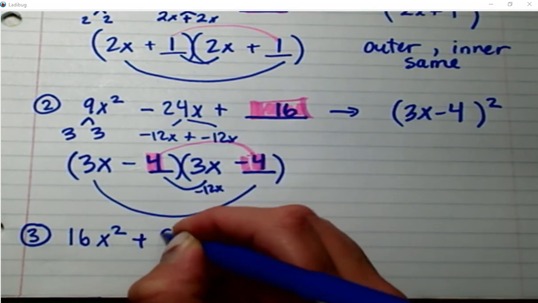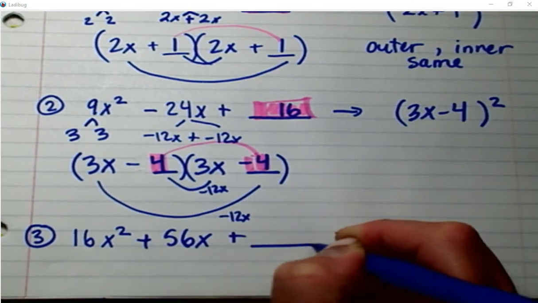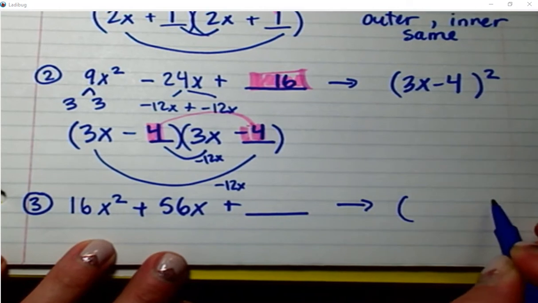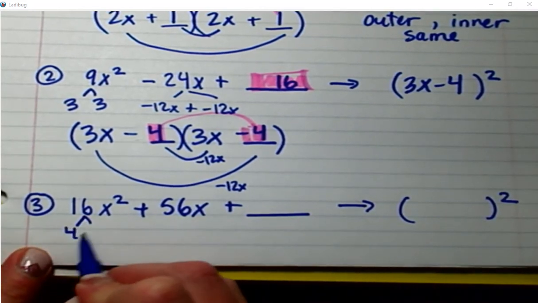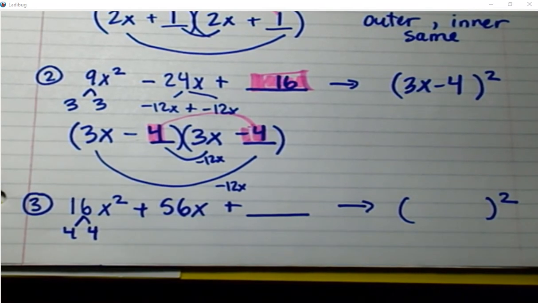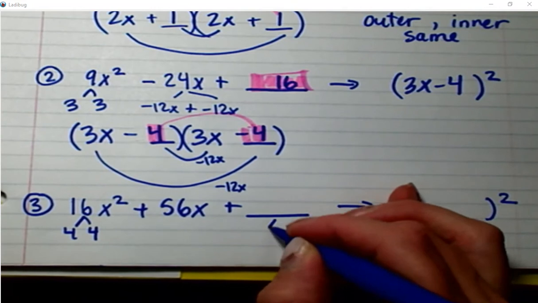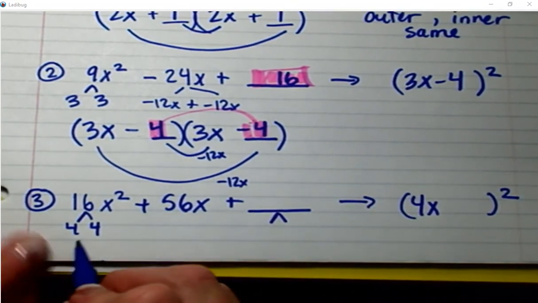Okay, plus 56x plus what? Okay, perfect square trinomial. This one has to be 4 times 4. Has to be. Right? We need the same number here. I just don't know what it is yet.